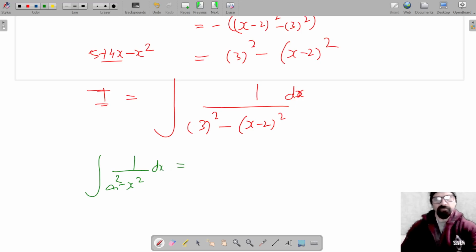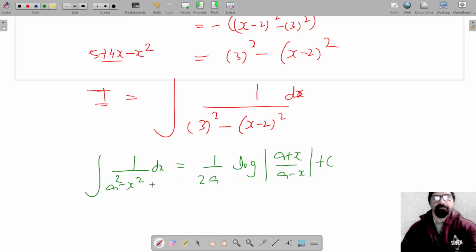The formula is 1 by 2a log of a plus x upon a minus x plus c. We are going to use this formula on this integration.